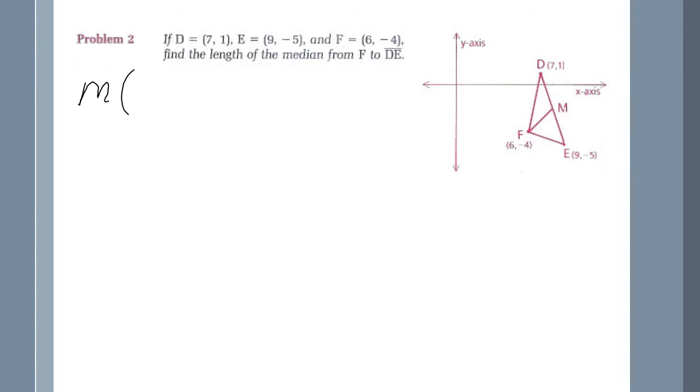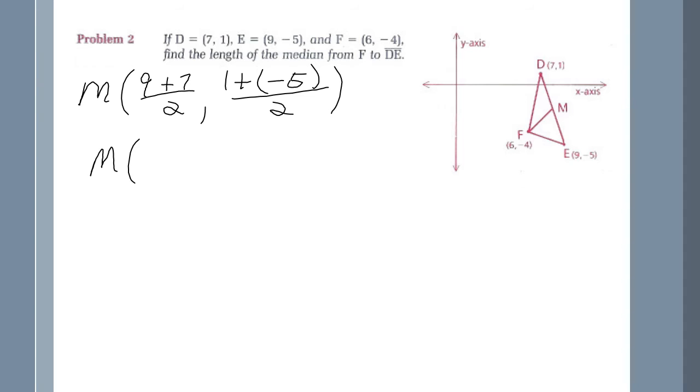So that's add the X's, divide by 2, add the Y's, and divide by 2. So M is at 9 plus 7 is 16, divided by 2 is 8. And the Y value is 1 plus negative 5 is negative 4, divided by 2 is negative 2. So M is at 8, negative 2.